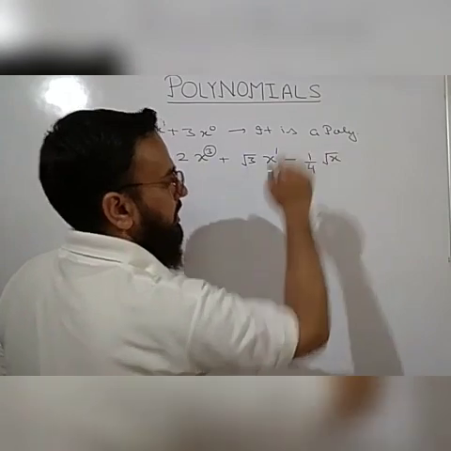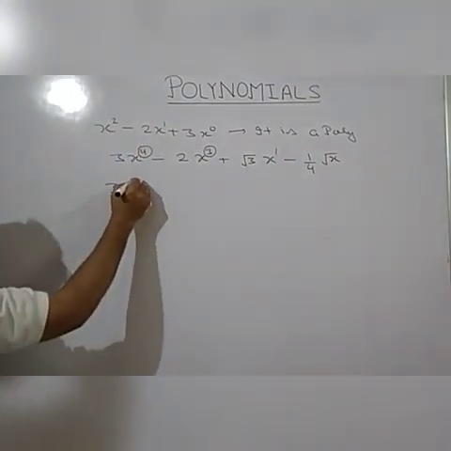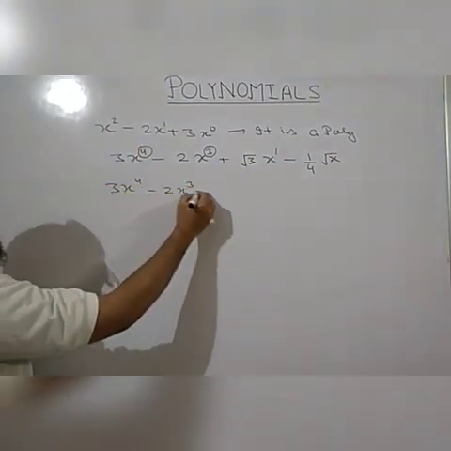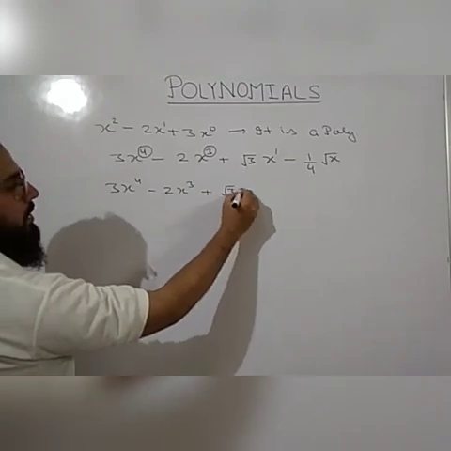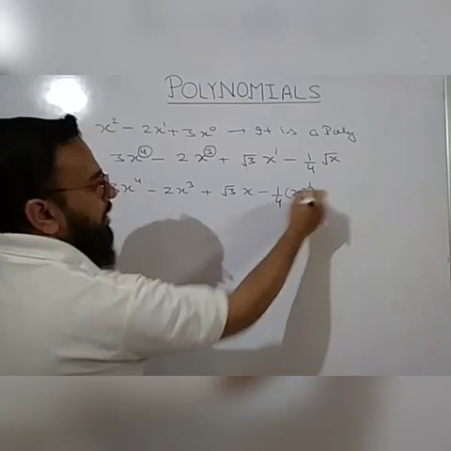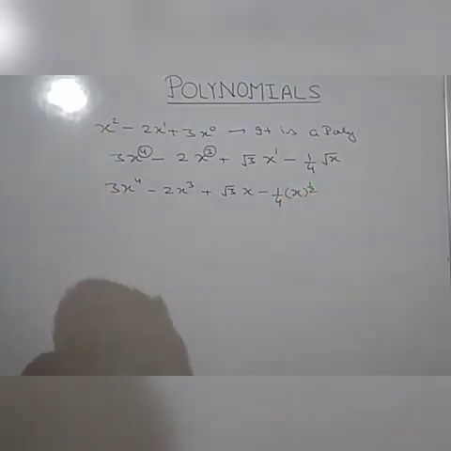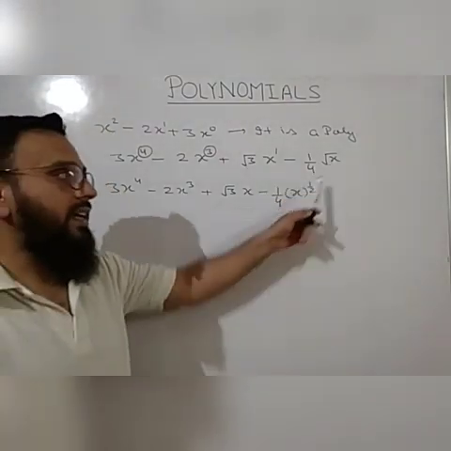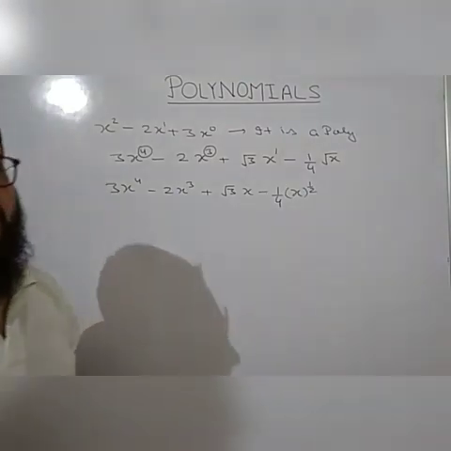But in the case of under root x, we can write it as 3x to the power 4 minus 2x cube plus root 3x minus 1 upon 4 x to the power 1 by 2. As we have already studied the chapter on exponents, root x can be written as x to the power 1 by 2.